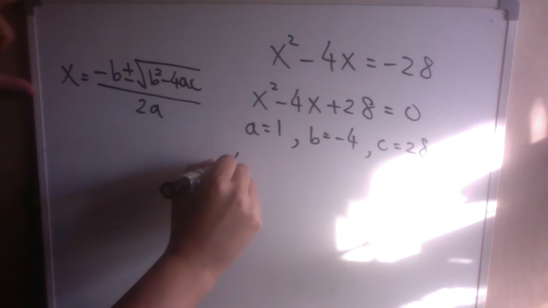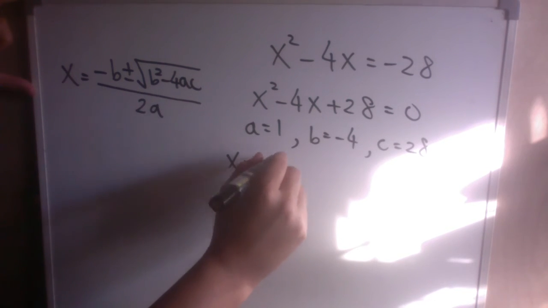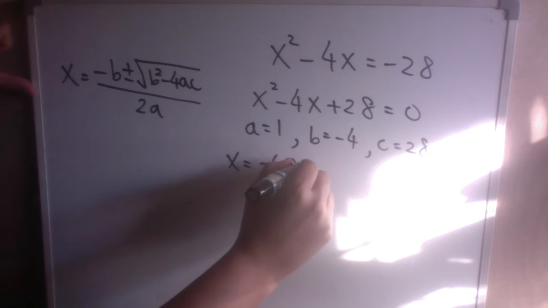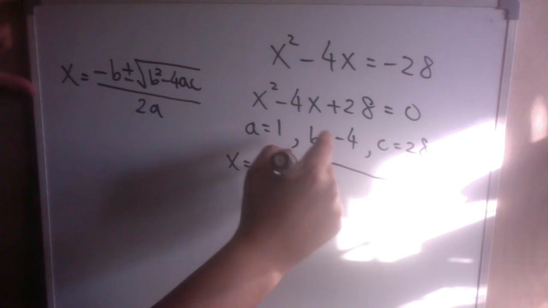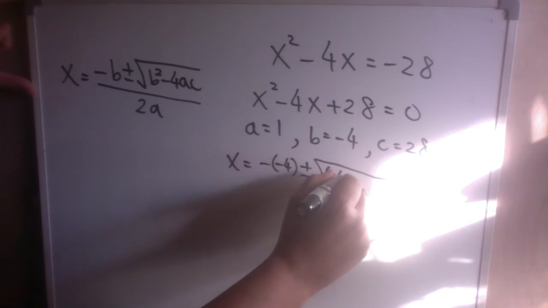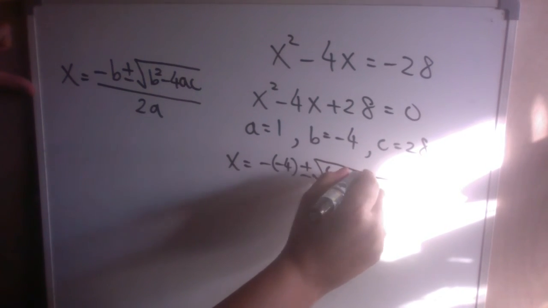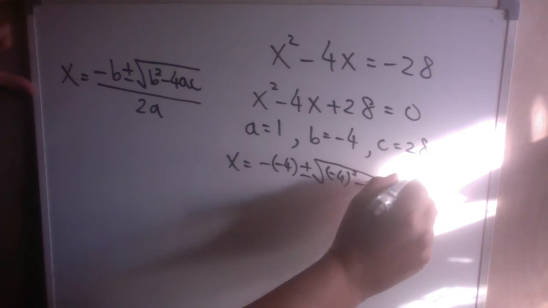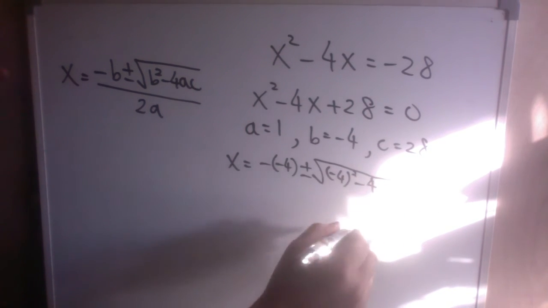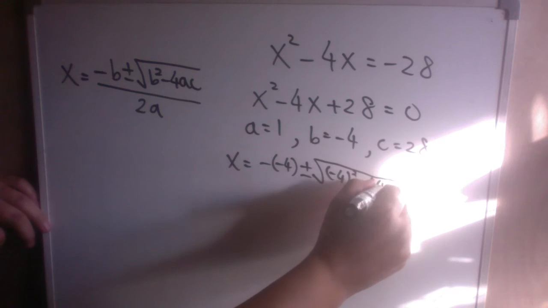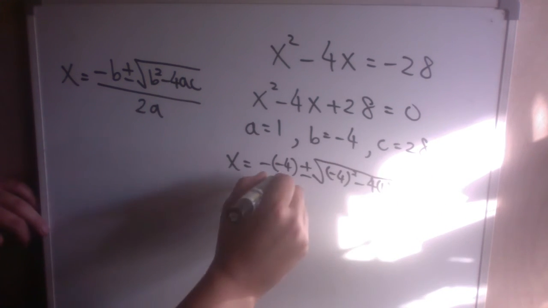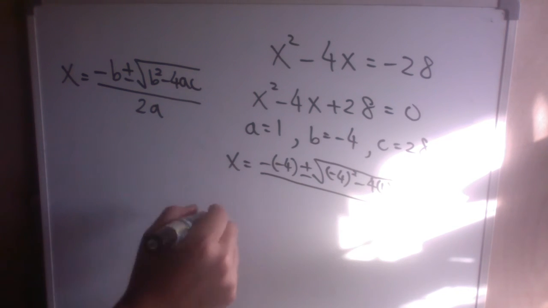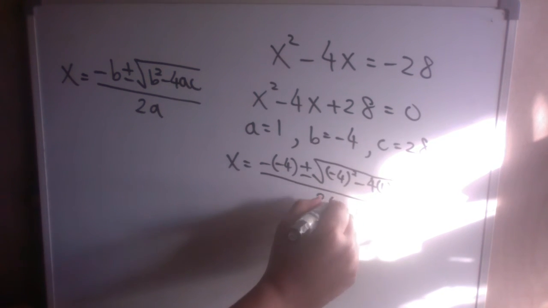So x then is equal to negative 4 plus and minus the square root of negative 4 squared, a quantity negative 4 squared, minus 4 times 1 times 28, all over 2 times 1.